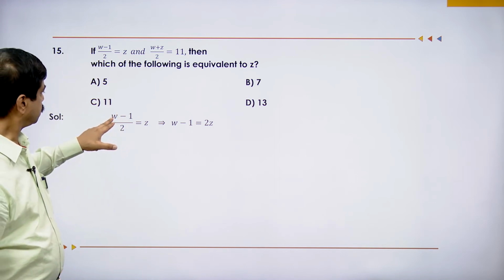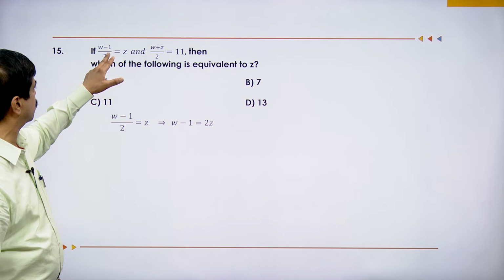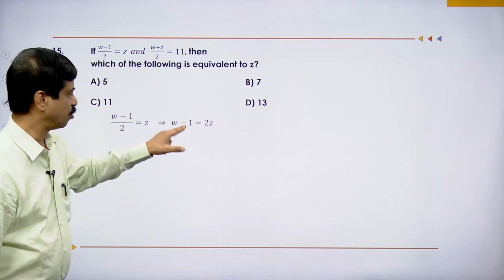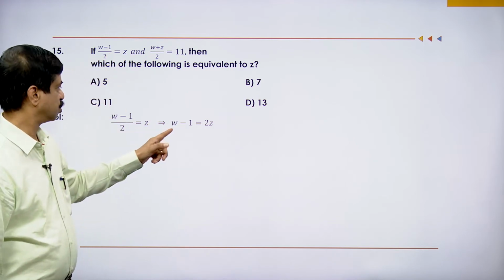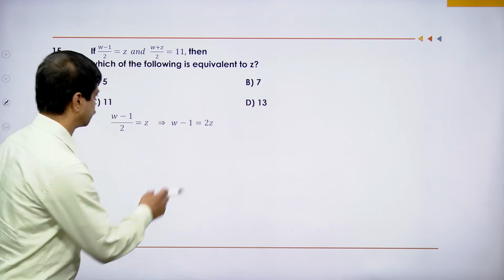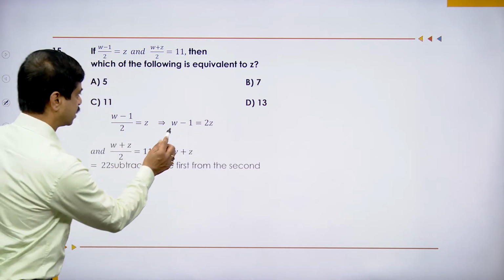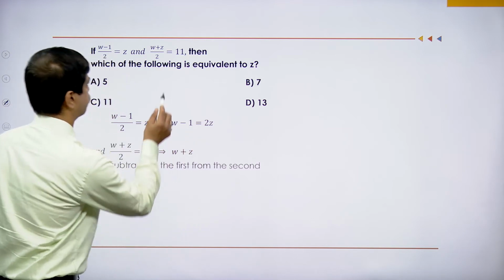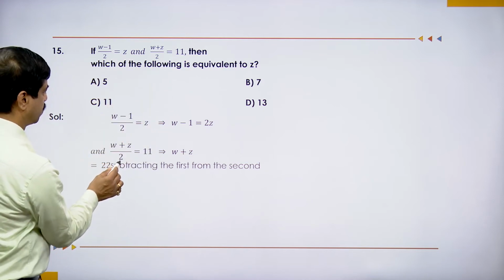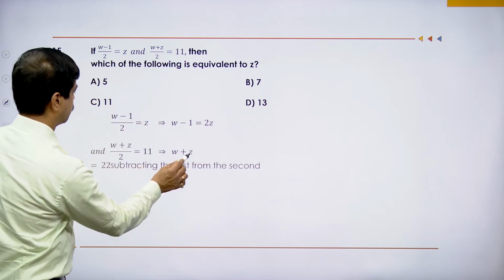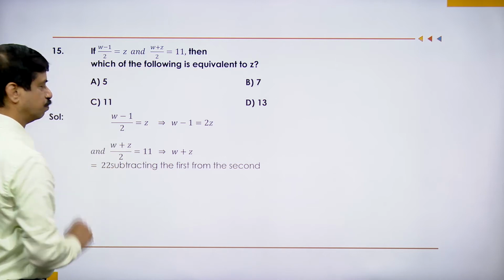So (w minus 1) by 2 equal to z, so w minus 1 is 2z. So w equal to 2z plus 1, and I will substitute this. In this case (w plus z) by 2 is 11, so w plus z equal to 22.